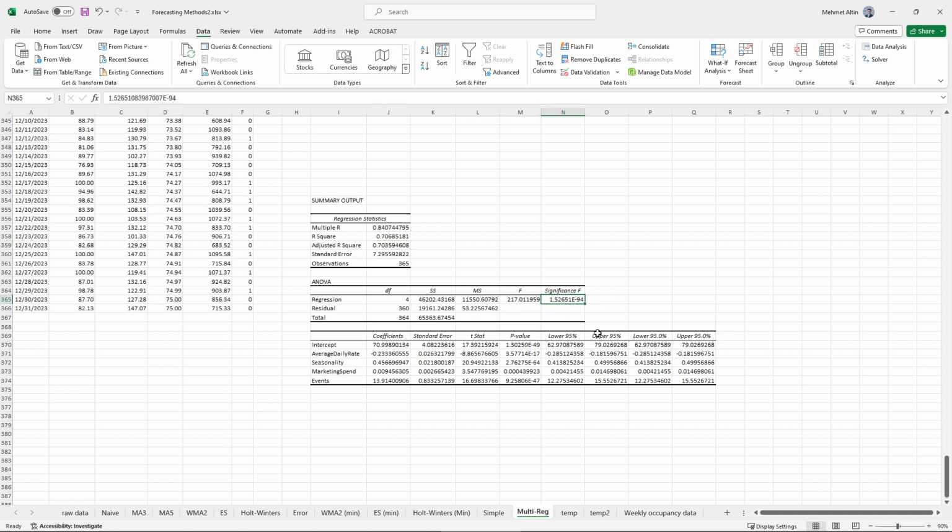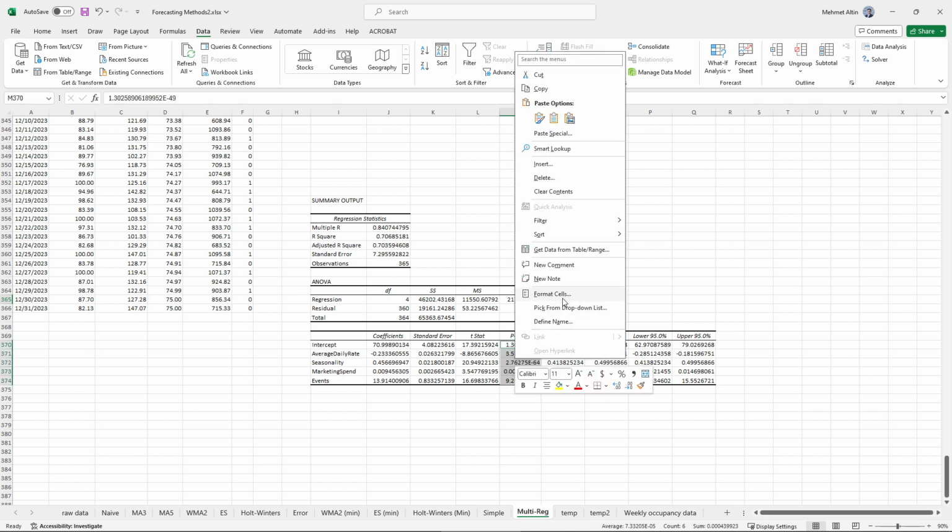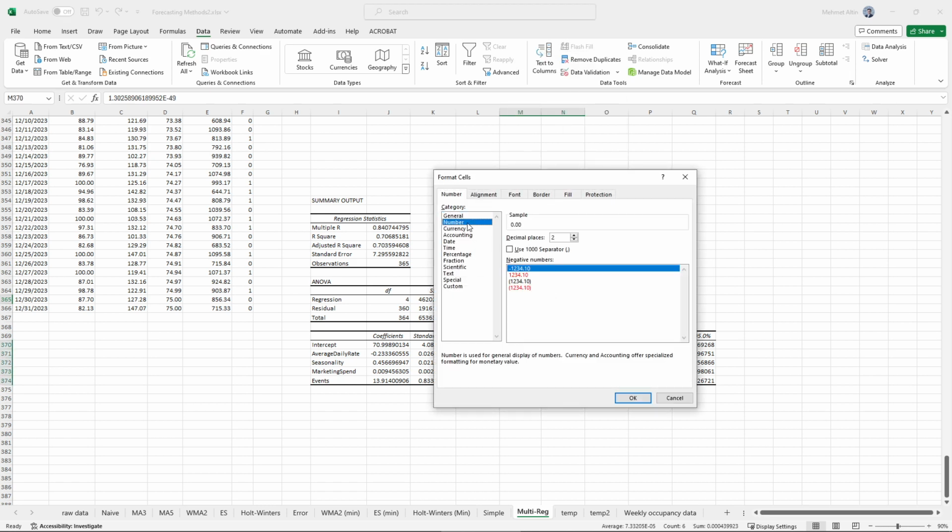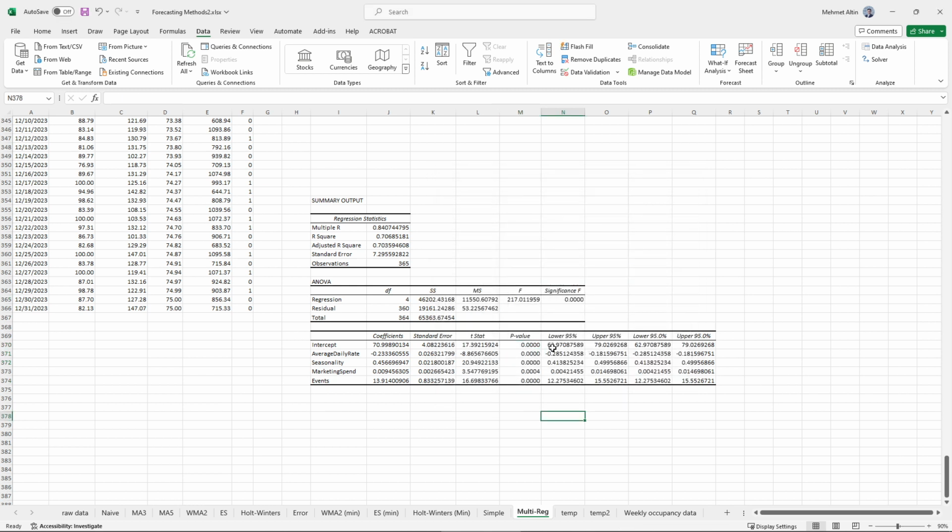Second thing, actually let's turn this also once again to numbers so you can understand better. So the significance for the overall model is perfect. All the p-values are good.